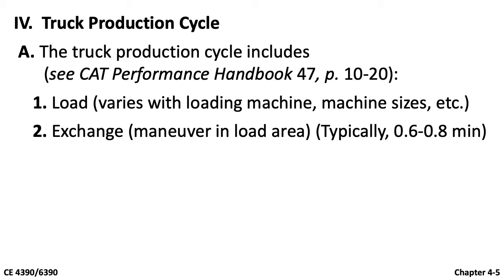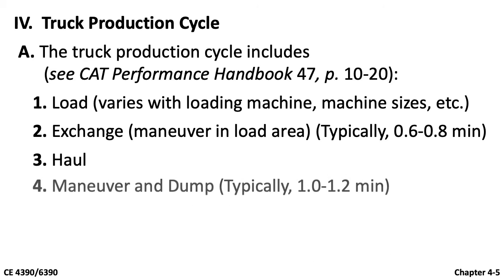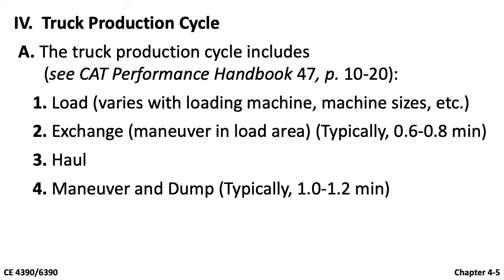Typically, it is about 0.6 to 0.8 minutes. Number 3, hauling. Number 4, maneuver and dumping. So this time component is typically ranging from 1 minute to 1.2 minutes. Number 5, return. So those are the 5 components of the truck production cycle.